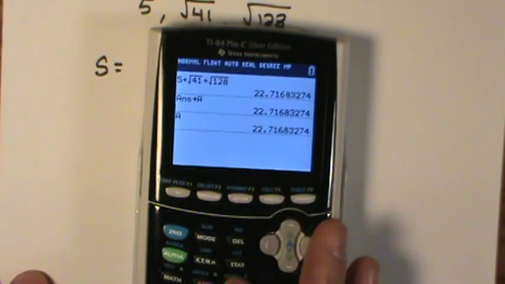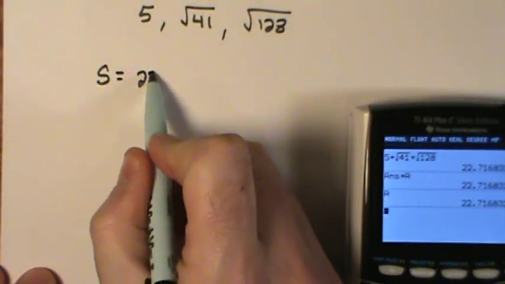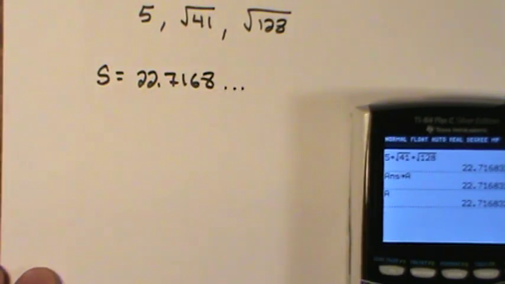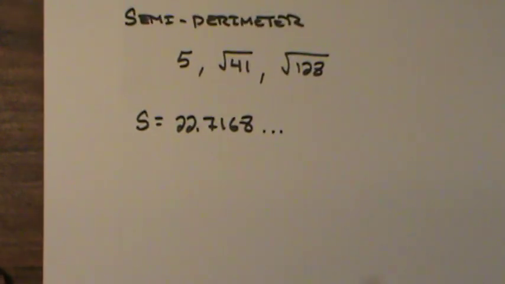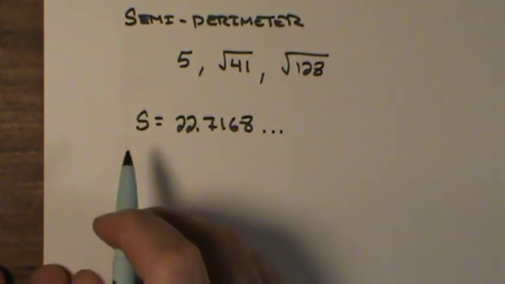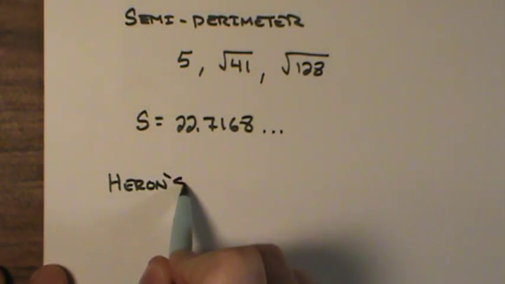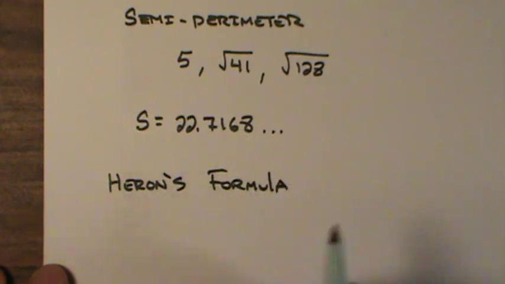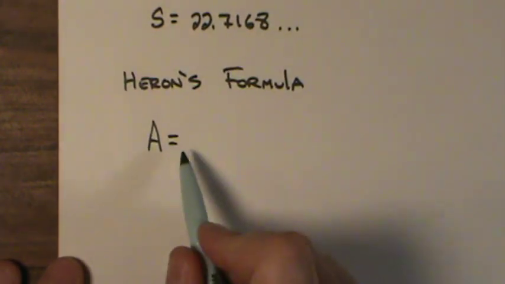Okay, now I'll set my calculator aside for a moment. I'm going to write this number here, 22.7168 dot dot dot. It goes on. And then I want to finish the formula. Heron's formula states that the area will be equal to, brace yourself, this formula gets a little bit long.